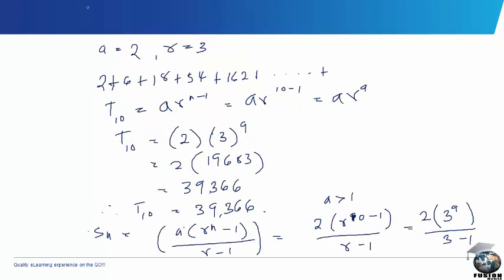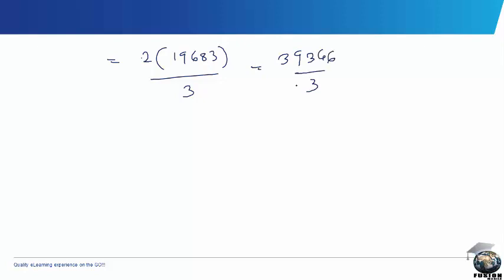We have 3 raised to the power 9 times 2. 3 raised to the power 9 is equal to 19683, all over 3, and then times 2. We have this to be equal to 39366 all over 3. Therefore the sum of the first 10 terms is equal to 31322.